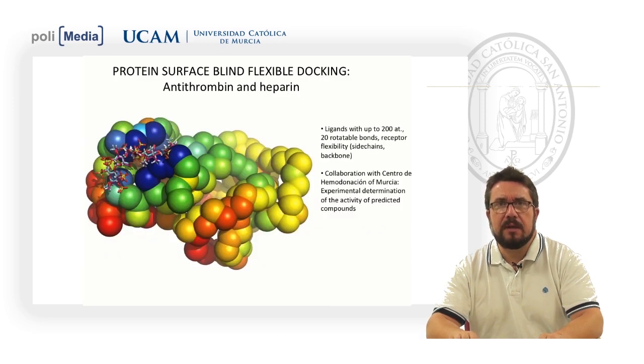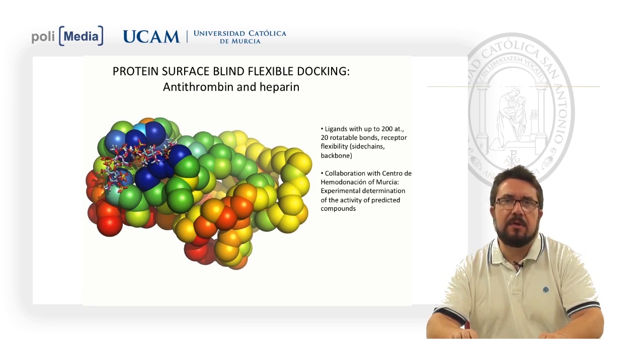So in our approach, we wanted to perform fully blind docking, which means we would screen the whole protein surface, the whole surface of antithrombin, and we wanted to see first, as a control, if heparin after blind docking would find the typical interaction pattern of heparin, which is the case here, because red color means no interaction at all, and blue means the top interaction site. And in addition, the predicted pose for heparin fits very well the crystallographic structure of heparin.